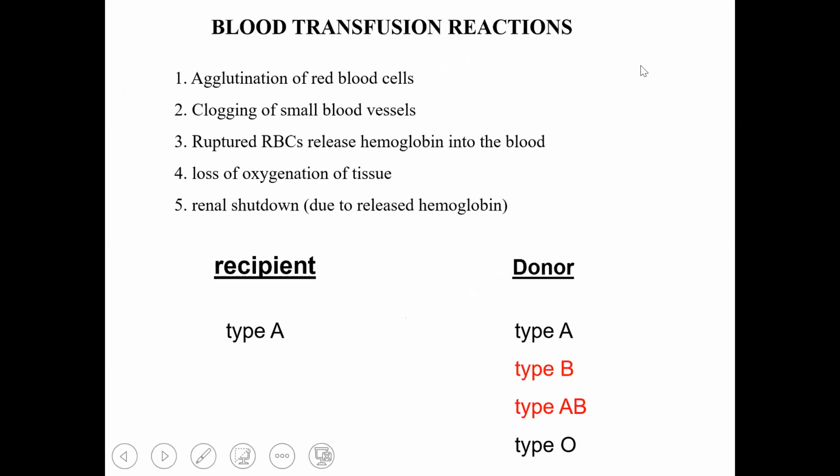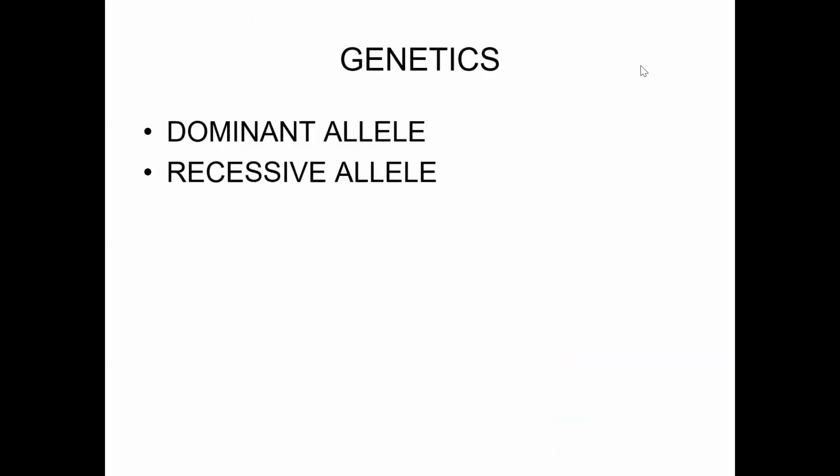Okay, so we talked about transfusion reactions, okay? And then you're going to try to work on this, practice on this, on the chart in your lab handout. And the next part is blood type is determined by genetics.